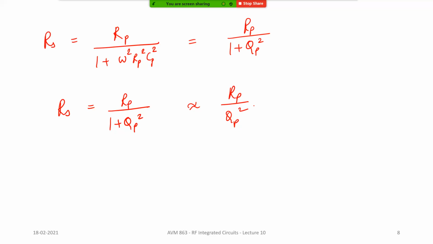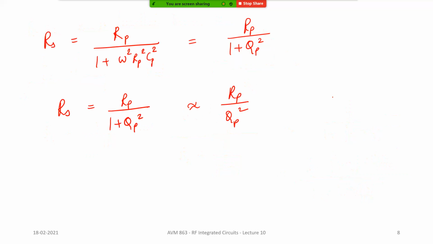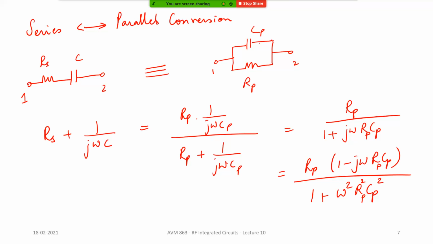Now, basically what happens is, if you have any parallel RC circuit or an RL circuit, the notion of a Q for an RC circuit or an RL circuit is that you assume there is an appropriate inductor tuning the capacitor out at that frequency.